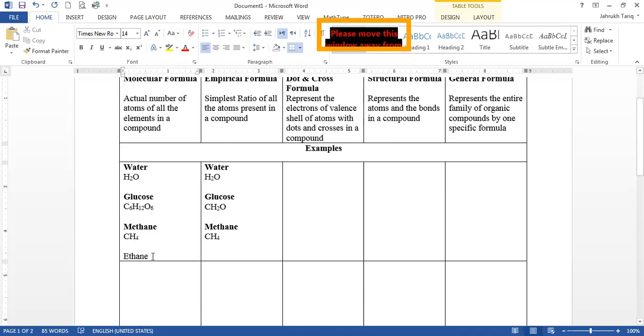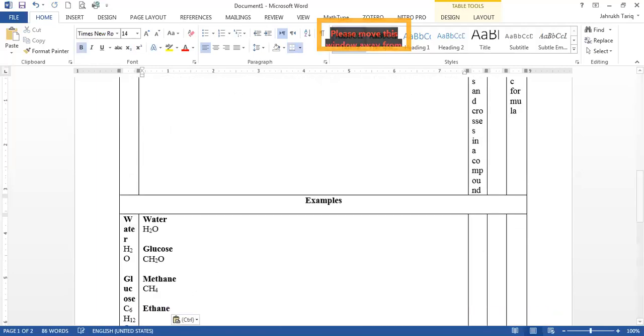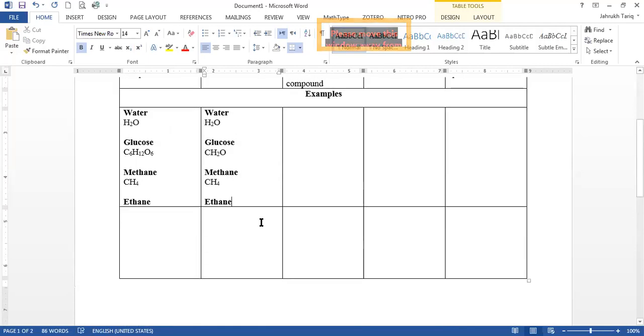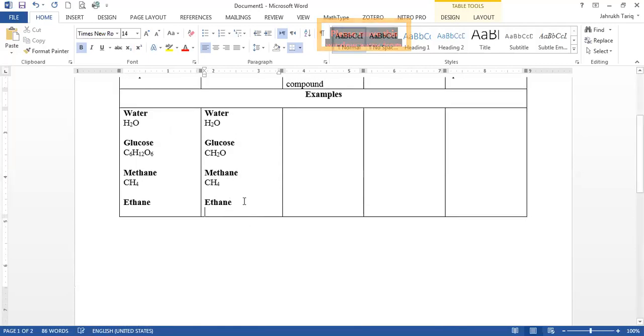If someone remembers ethane. Sir, C2H4. No, it wasn't H4. It might not be present on page number 69, but I guess that is present on page number 70.